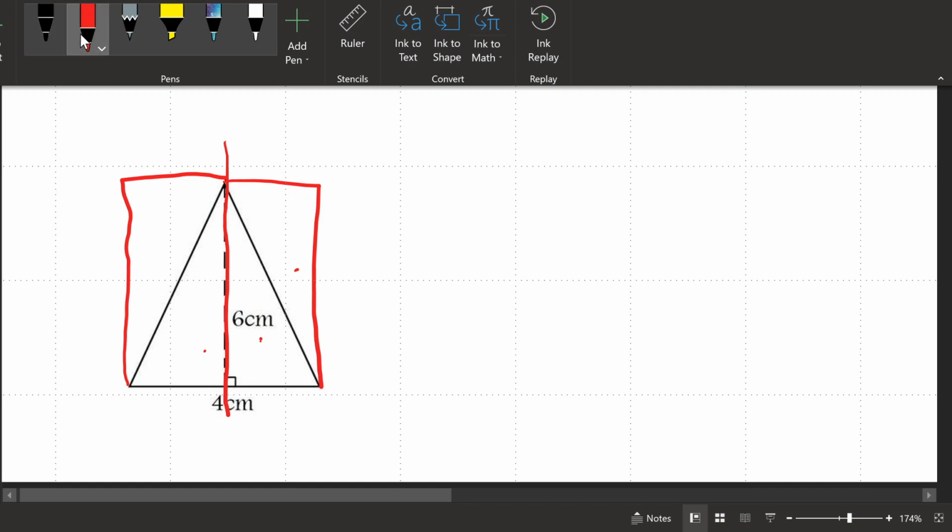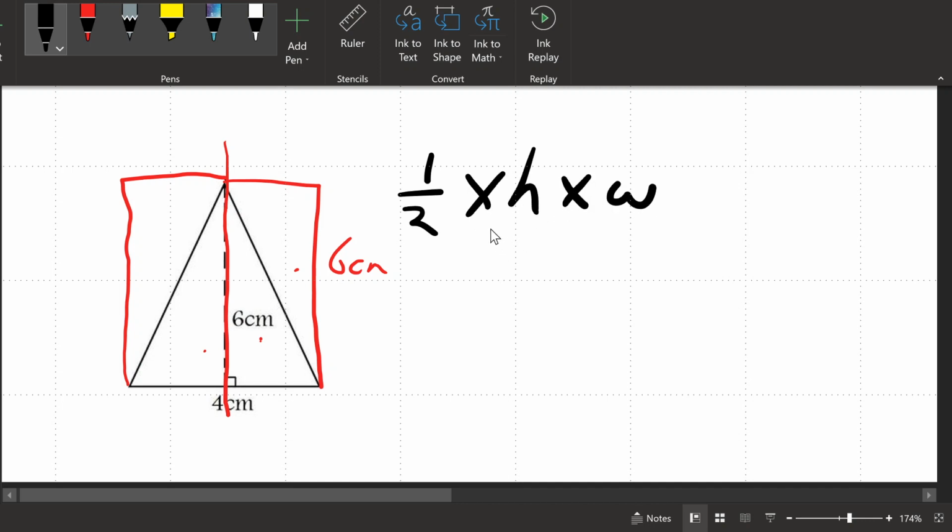So we can go, okay, the height of this rectangle, 6 centimeters, the width, 4 centimeters. So again, we're getting the exact same formula, 1/2 the height by the width. But because we're dealing with a triangle, it's 1/2 the vertical height by the base.